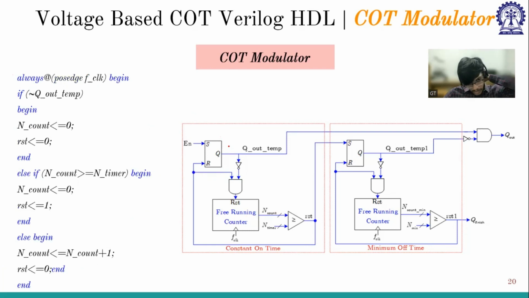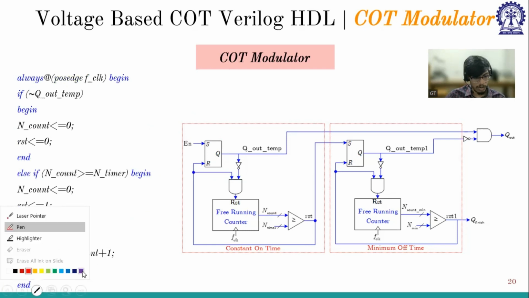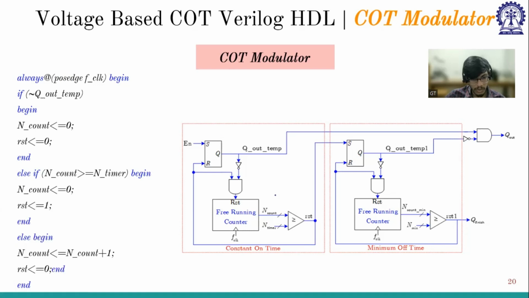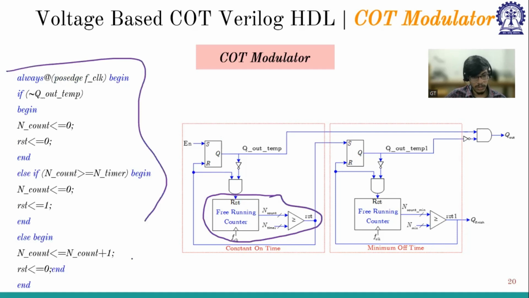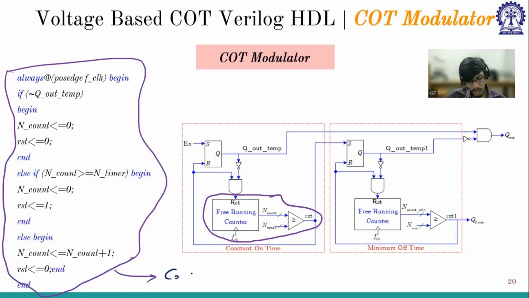Now we'll go into this counter. The counter we have discussed in clock generator as well as voltage mode control and current mode control. We have discussed many times. It is just the same code, but with different variables. So this is this counter block. This I can say is the constant on time counter.